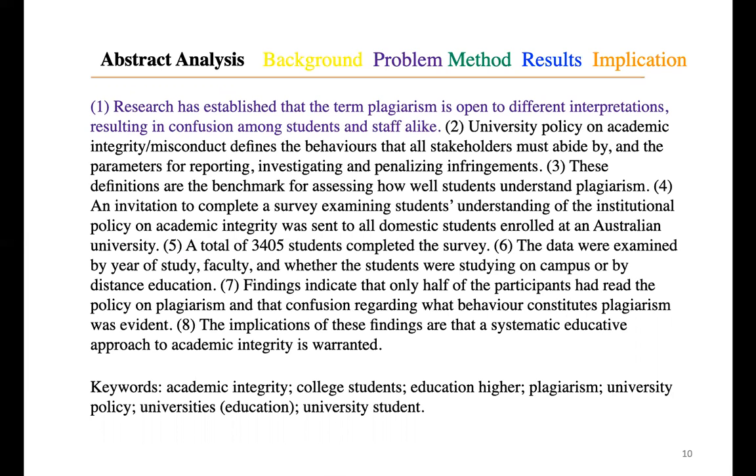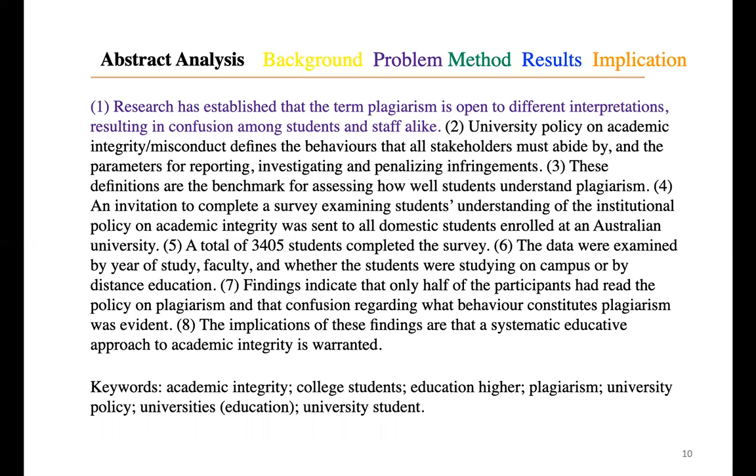And then let's go on reading. University policy on academic integrity misconduct defines the behaviors that all stakeholders must abide by, and the parameters for reporting, investigating, and penalizing infringements. What do you think of it? So it seems that it talks about something like university policy, right?